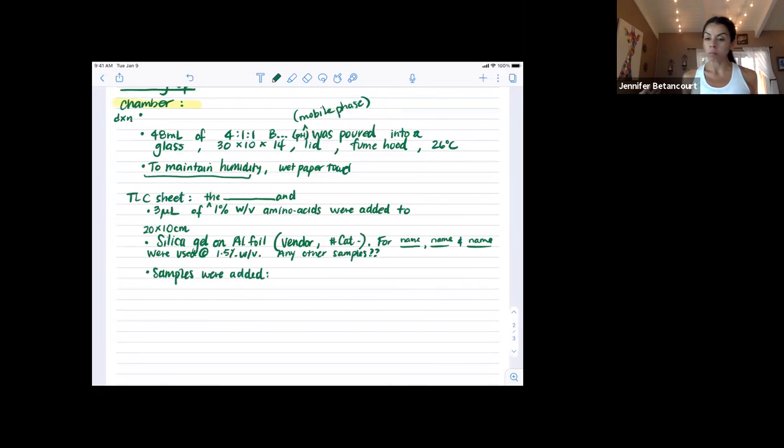Good. Okay, so the samples were added equidistant or evenly spaced, evenly distributed.